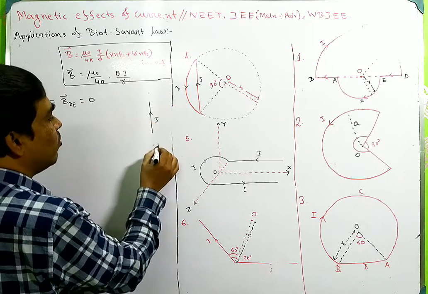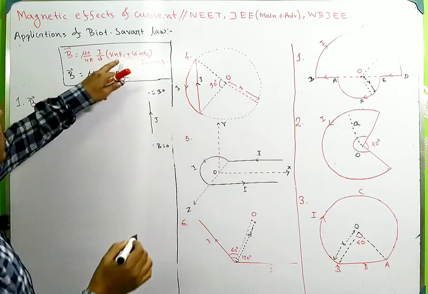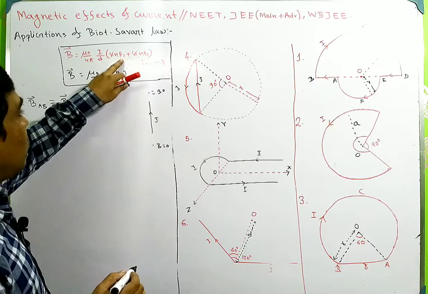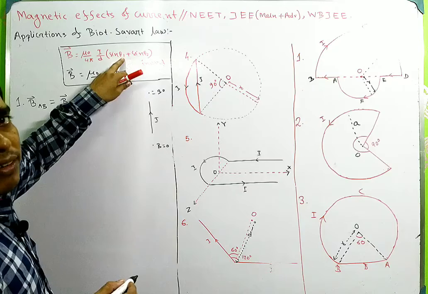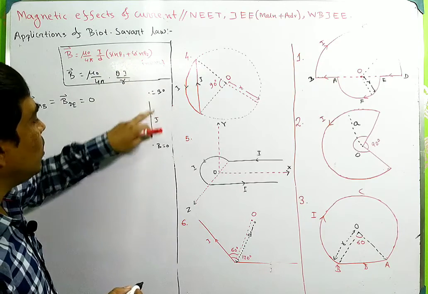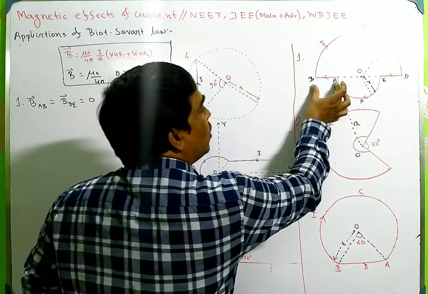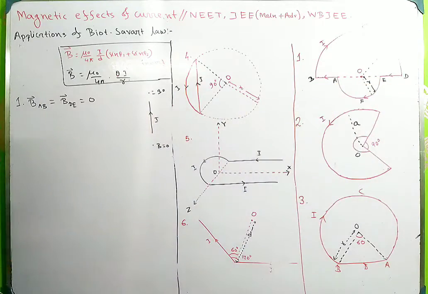By using this formula, theta 1 will be plus 90 degrees and theta 2 will be minus 90 degrees. That's why in both cases the magnetic field will be 0. So for these two portions, the magnetic field at point O is 0.